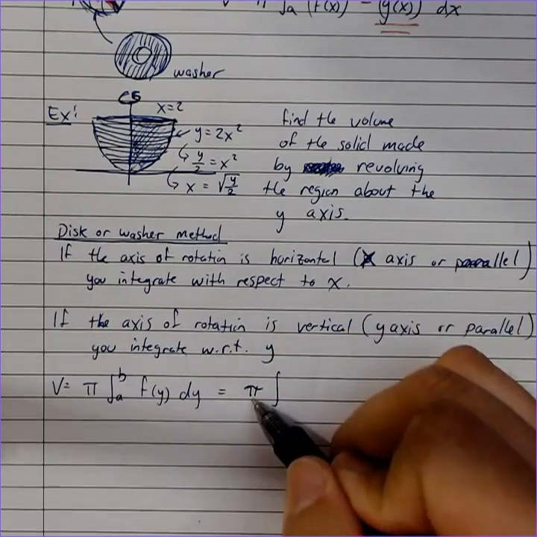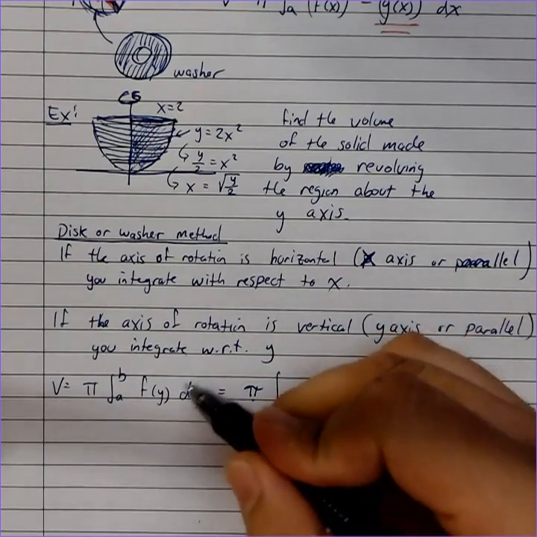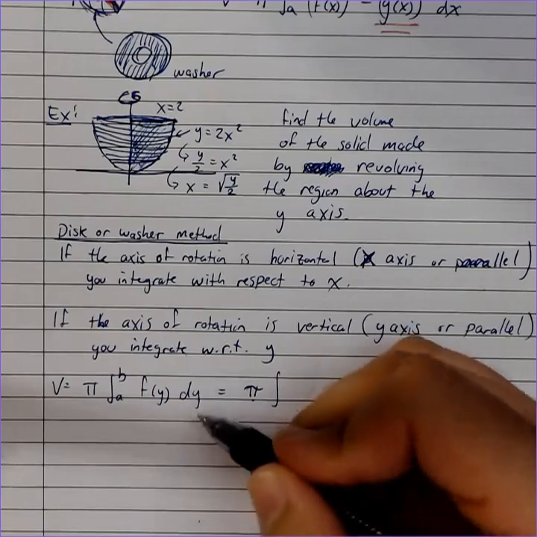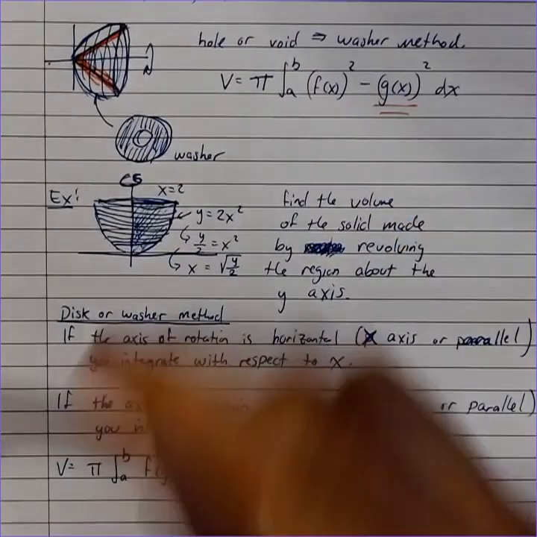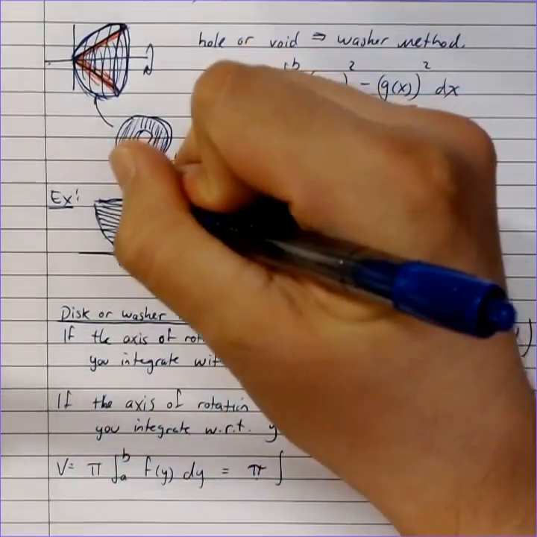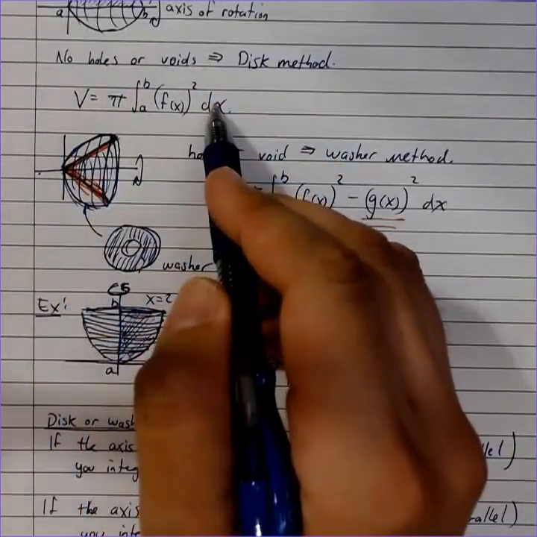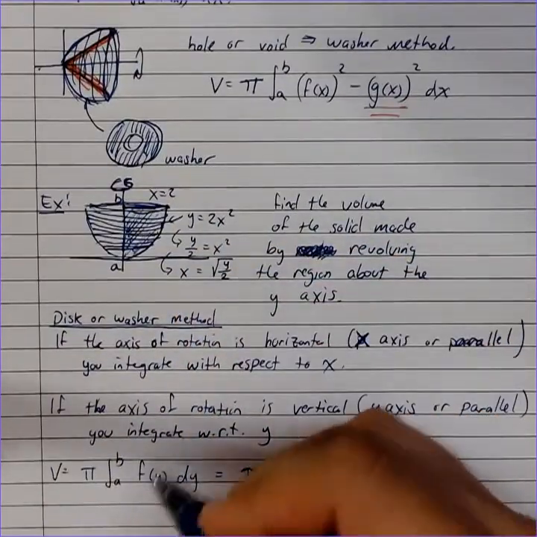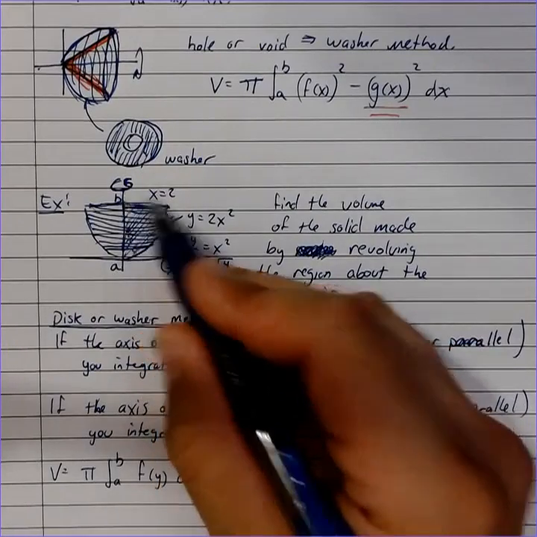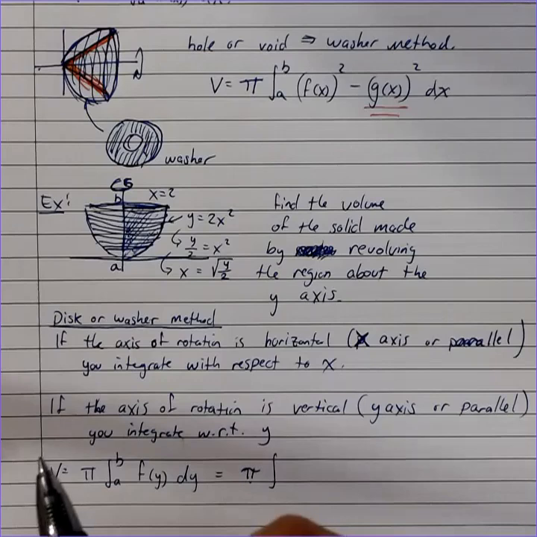This is pi integrated from a to b. Now remember, it's no longer describing the x values. Up here, a and b, we're going from left to right. A and b here are going top to bottom. So that's going to be from a up to b, not left to right along the x-axis, but bottom to top along the y-axis. So here that's 0 up to 2, right? X equals 0, x equals 2. No, that's not right.